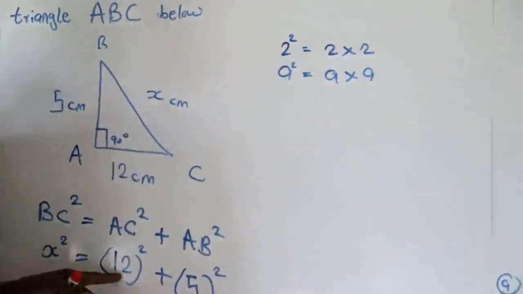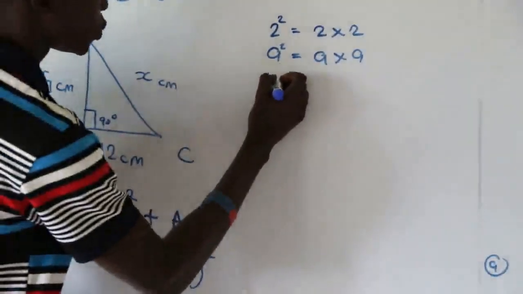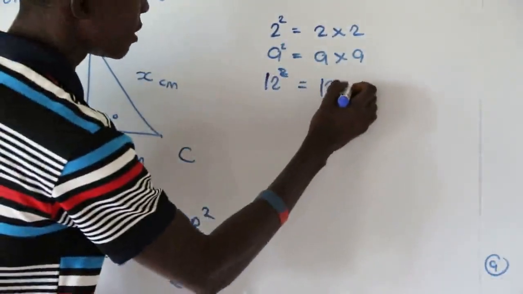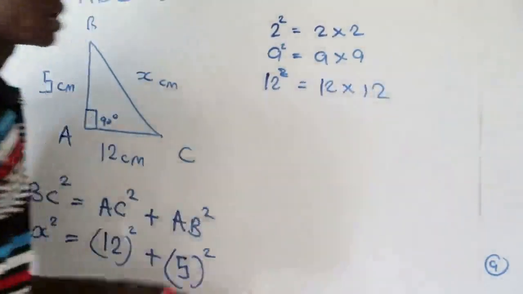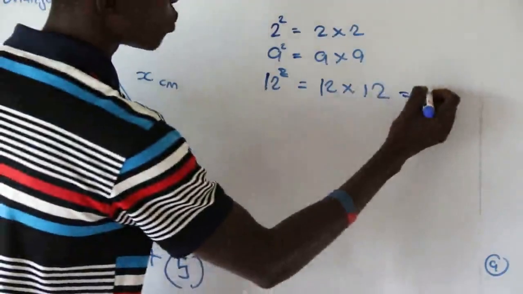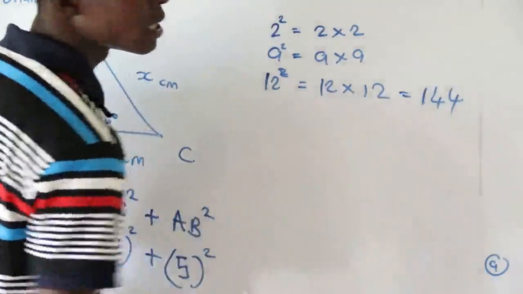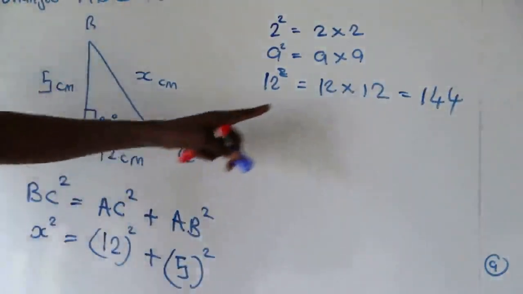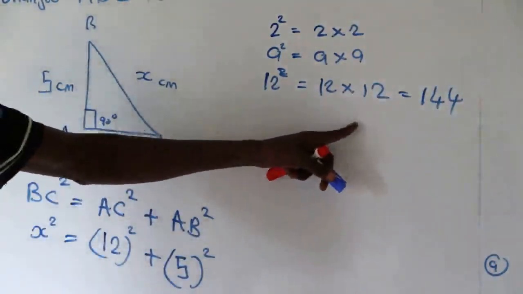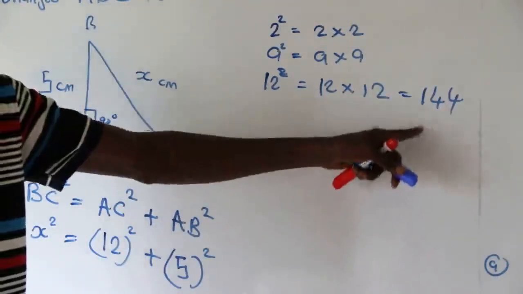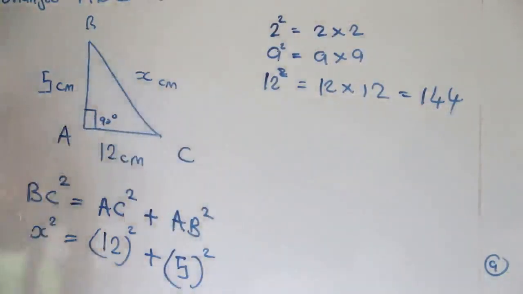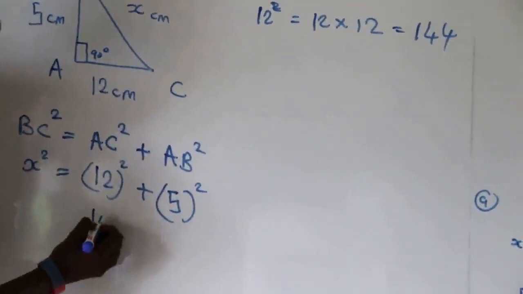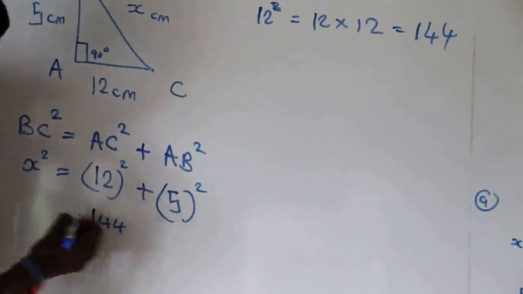So here we are having 12 squared, which will also be 12 times 12. And 12 times 12 is equal to 144. If you punch your calculator very well, 12 times 12 is going to give us 144. So under the 12 square, you write 1, 4, 4.